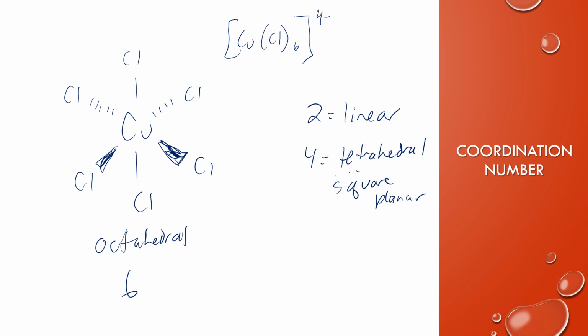So depending on the central atom, the number of coordinate covalent bonds gives us the coordination number. And from there you can get to the VSEPR shape of the structure. Let me rewrite this so it's neater. 2 is linear, 4 is tetrahedral or square planar, and 6 is octahedral.